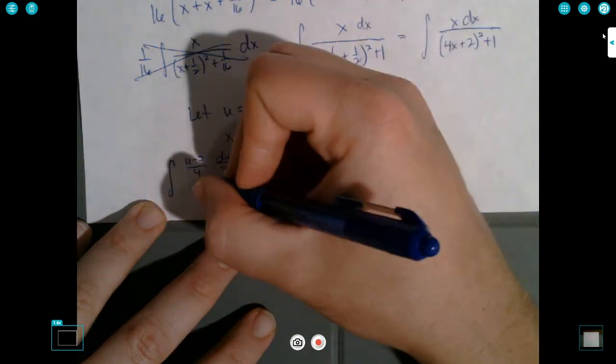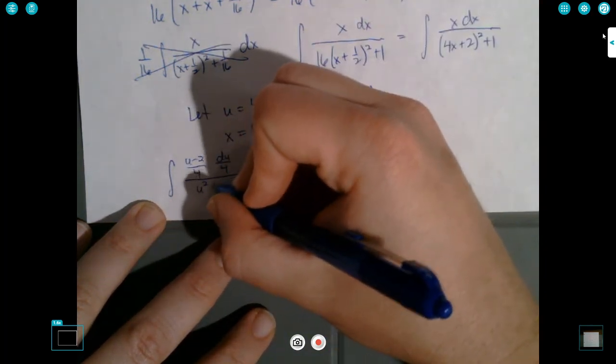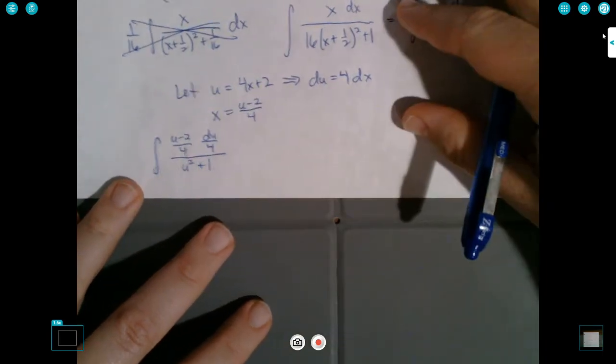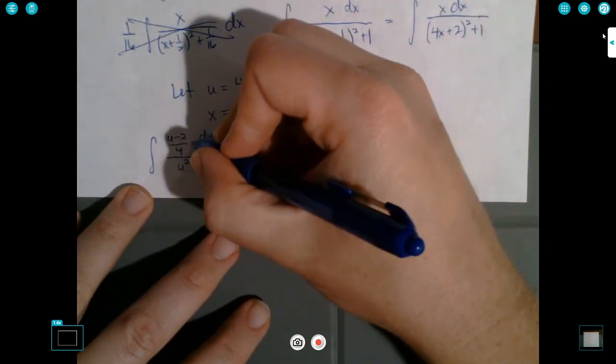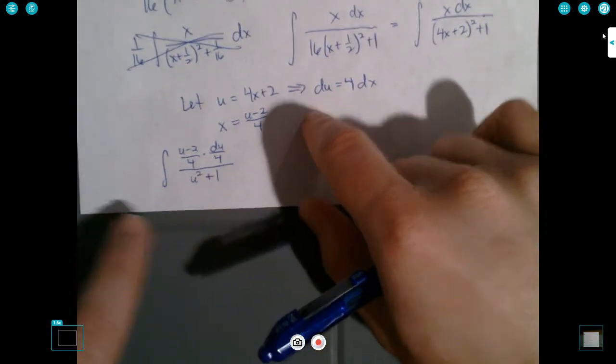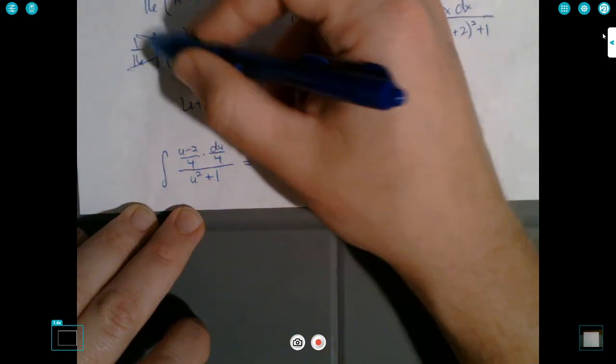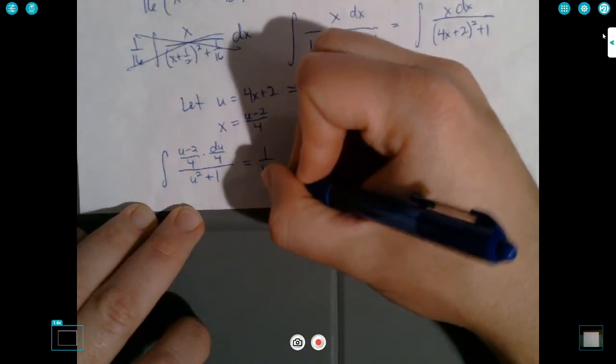And then this is going to be all over u squared plus 1. Oh, goodness gracious, 4 times 4 is 16. It's a denominator there, so I'm going to go ahead and pull it out. The 1/16 ends up out here.